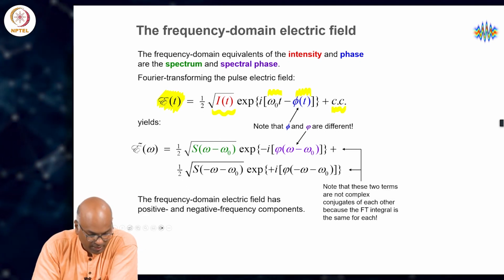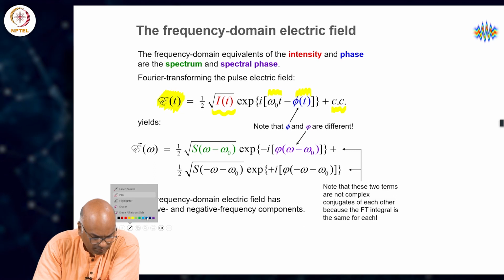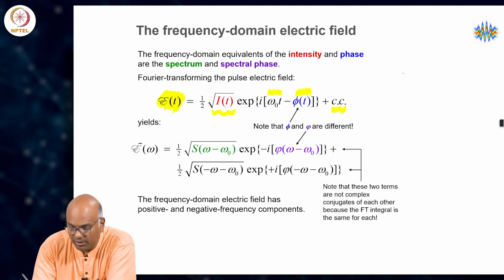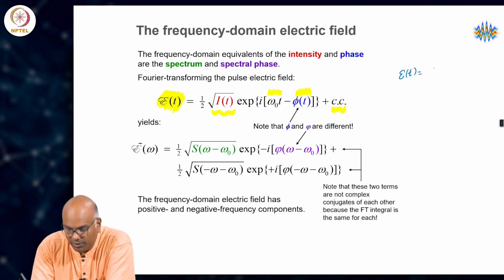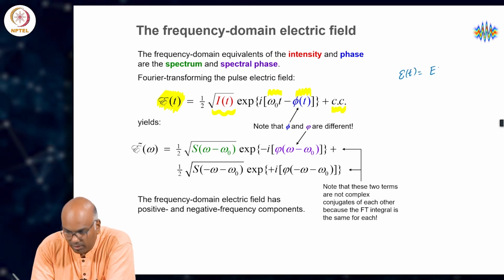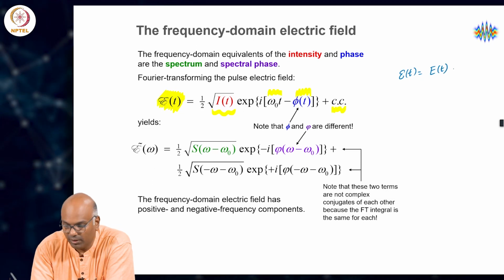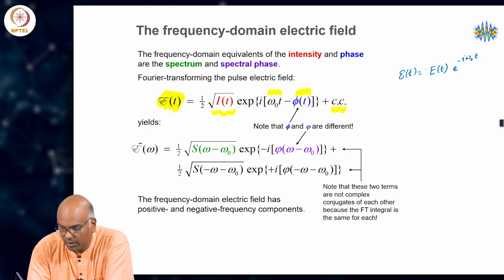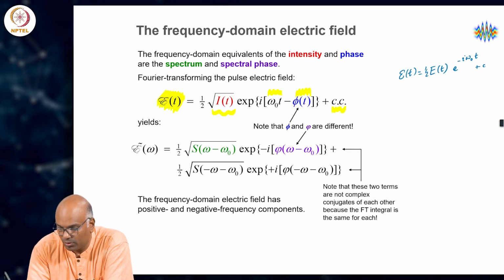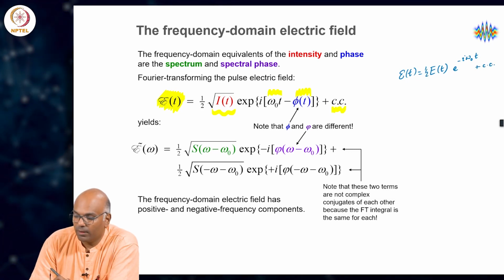We essentially had an intermediate in this case, which is we had E tilde of t to be E of t e to the minus i omega naught t. This is complex. So, we have c.c., right.